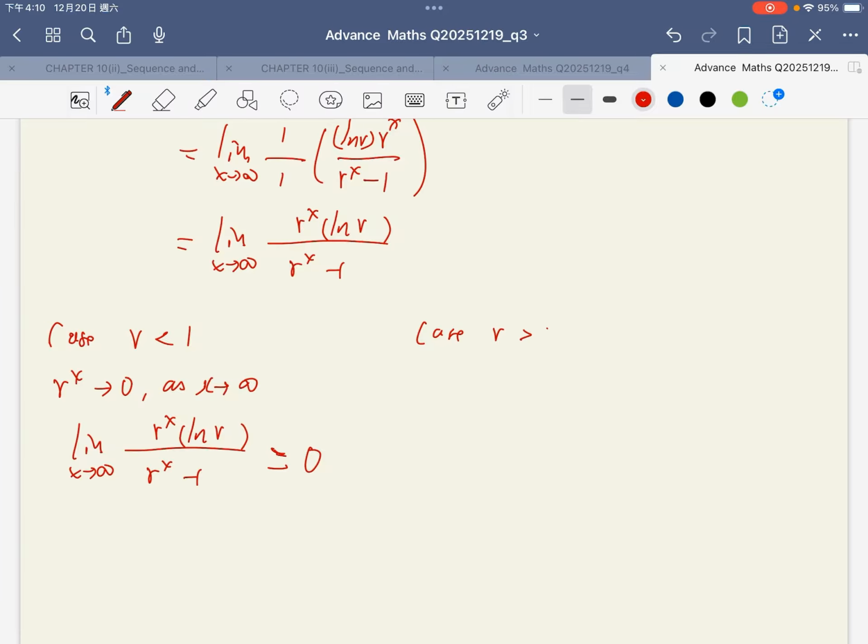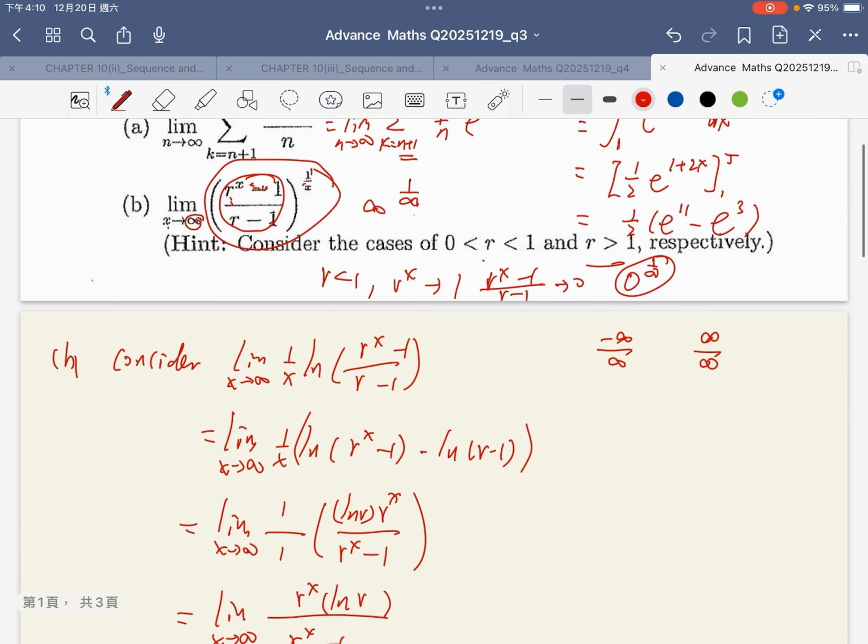Now, if r is greater than 1, then r to the power x tends to infinity. One thing you can see is that r cannot be equal to 1, because in this case the denominator of this one is undefined.